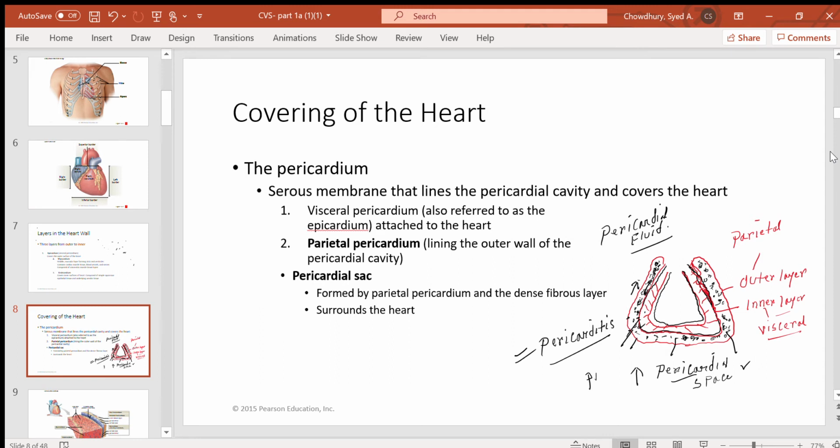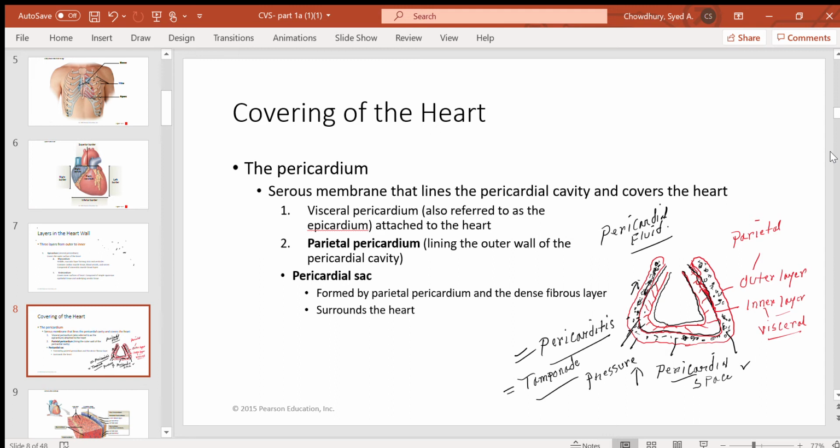Increased pressure around the heart, right? So the heart will not be able to expand, and that clinical condition is called tamponade. So the heart cannot relax or expand fully.